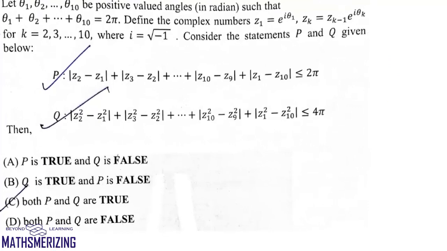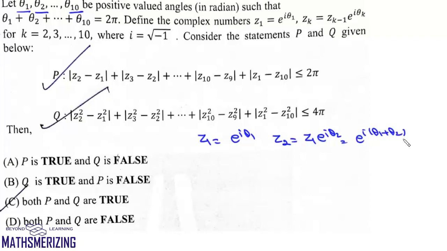Now the next question is, let theta 1, theta 2 up to theta 10 be positive valued angles such that Z1 is e to the power iota theta 1, Z2 is Z1 into e to the power iota theta 2, which is e to the power iota theta 1 plus theta 2.